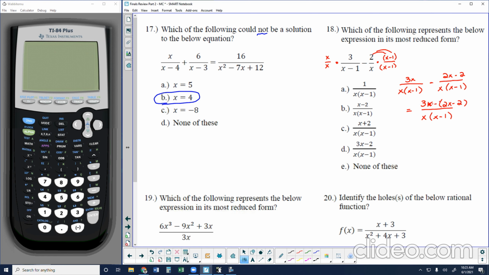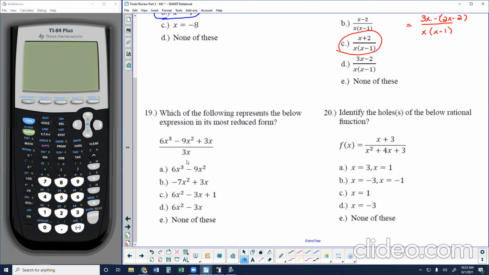Notice that I put that second fraction in a set of parentheses as a grouping because we were subtracting the entire numerator, the 2x and the negative 2. So this would be 3x minus 2x, which would be 1x, and the negative here would be 2, so positive 2 if I distributed. So that answer would be C.